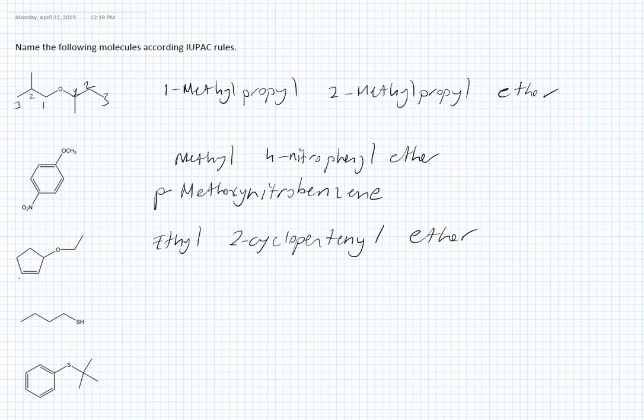So I will say double bond will be 1 and 2, this will be 3. Why we went this way, let's say counterclockwise, why we didn't number this one 1 and this one 2? Because if we start numbering from this carbon, this substituent will have lower number. But if I start from this carbon as 1, 2, 3, 4, 5, it will have number 5. But if I start from this carbon, this substituent will have number 3. So that's the reason why we start from here.